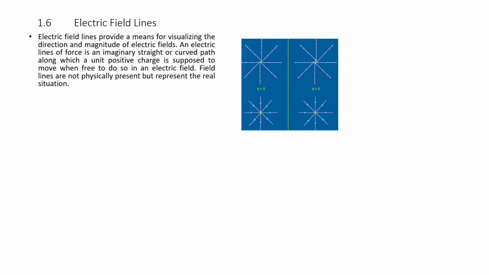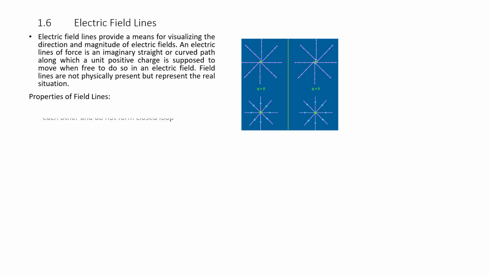If you observe closely, on the left hand side the arrows are pointing outwards, that is, for positive charge the direction is outwards. And on the right hand side the arrows are pointing inwards, that means for negative charge the field lines are represented by inward lines.